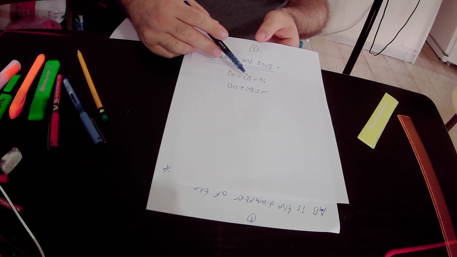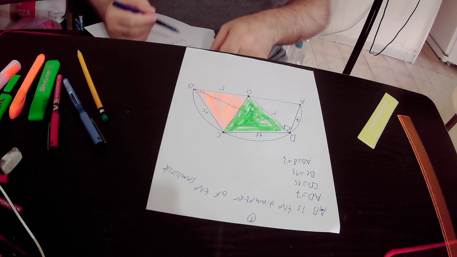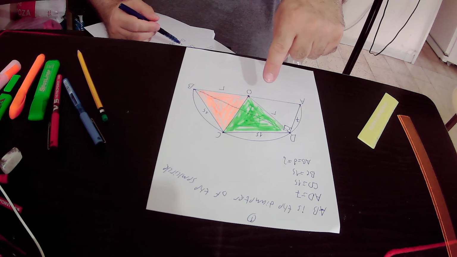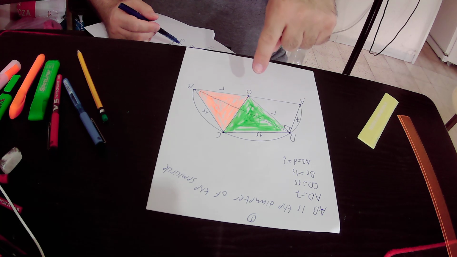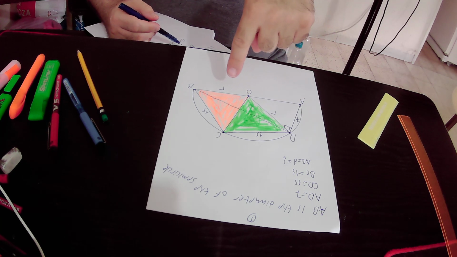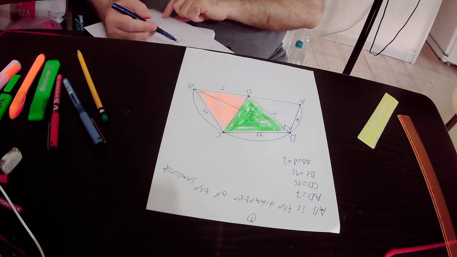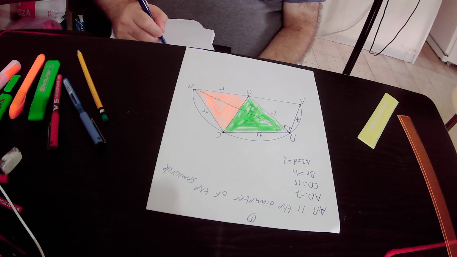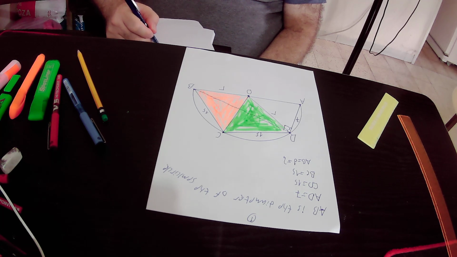Both those two sides are the radii of this semicircle, and side OC is a common side. It belongs both to the green triangle, and side OC belongs also to the orange triangle. So OC equals OC. It is actually a common side.